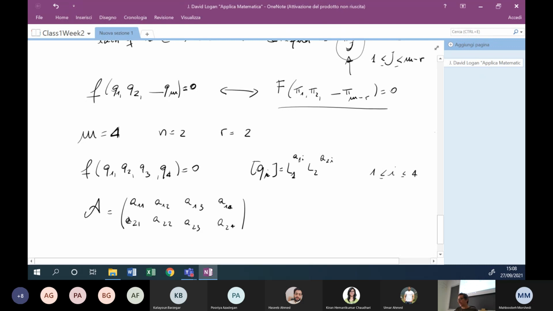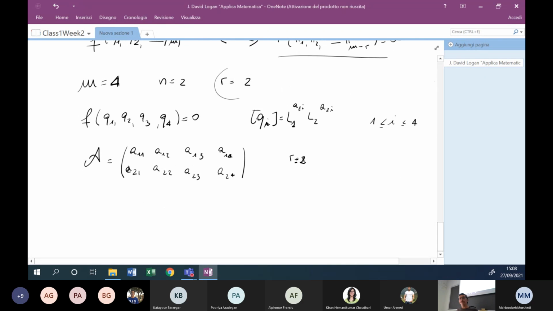By hypothesis, the rank of the matrix is 2. So the fact that I have a rank equal to 2 basically means that I have just 2 independent columns in this matrix.